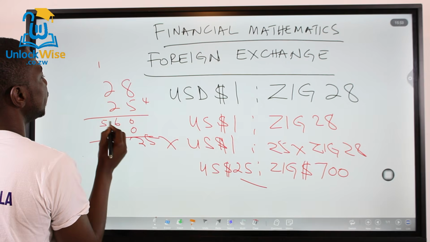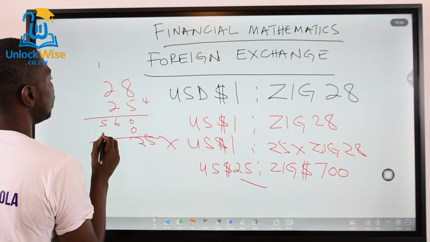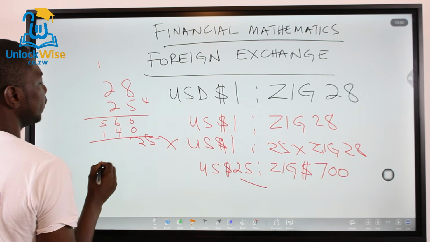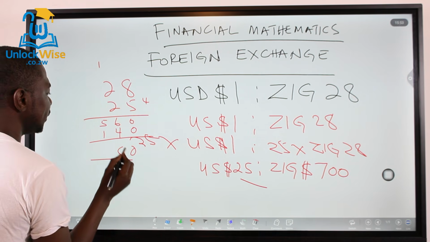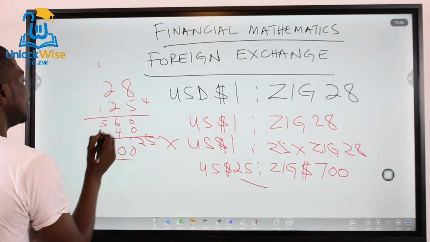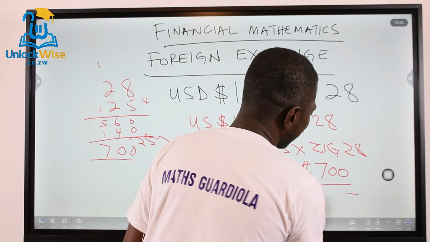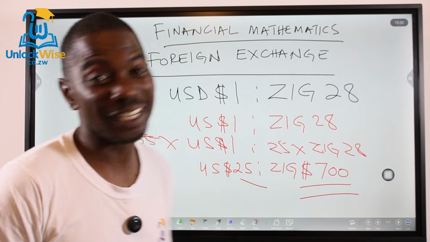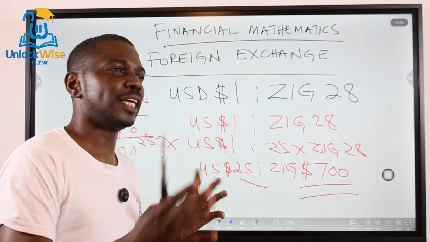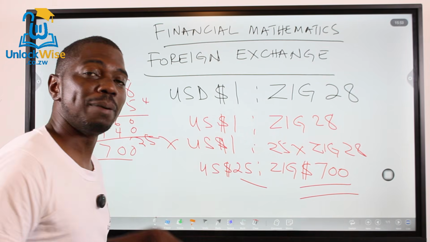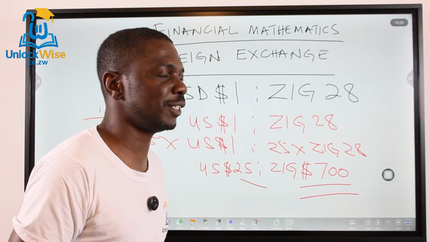This one times this one, you get 10 plus 1, you get 14. So 0 plus 0 is 0. 6 plus 4 is 10. 0 carry 1. So 1 plus 5, 6 plus 1, 7. You get 700, like what I have already mentioned. Me and money. Okay, so this is foreign exchange, part of your mathematics under financial mathematics, right?